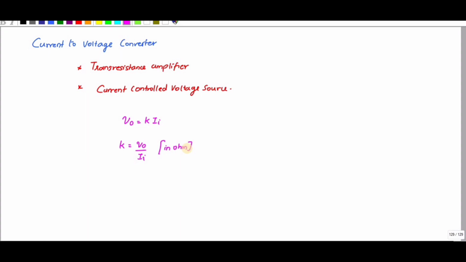Here I am going to discuss the circuit diagram of this current to voltage converter with the help of an inverting amplifier and also using a non-inverting amplifier.